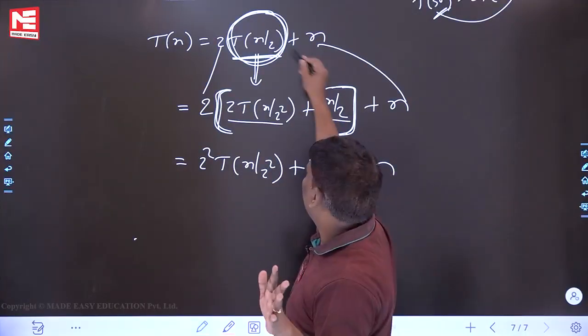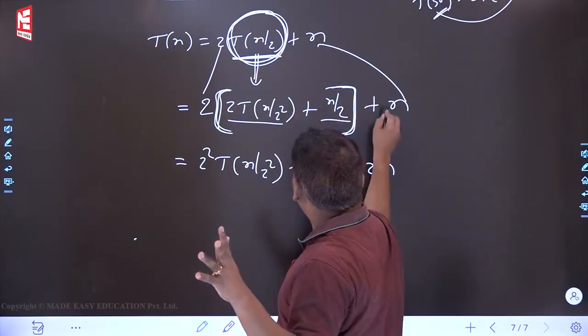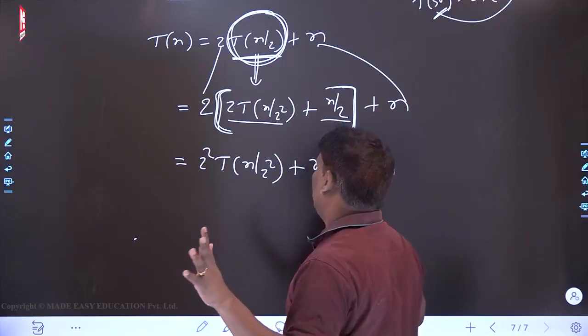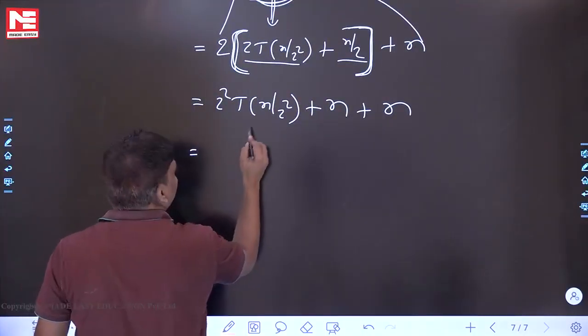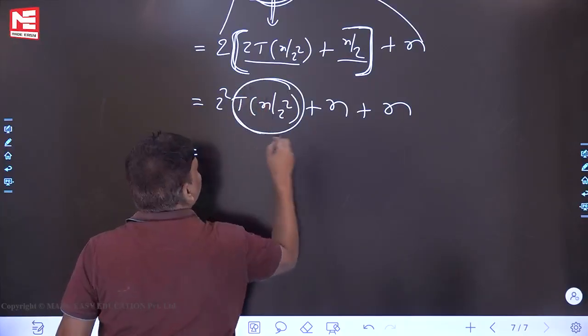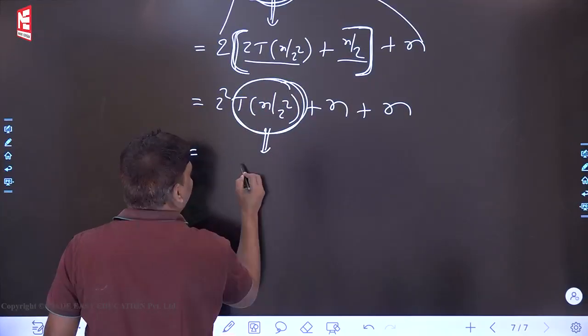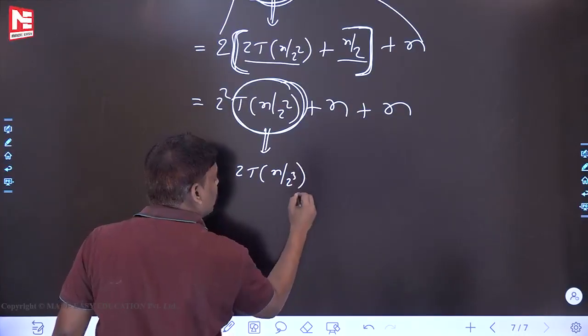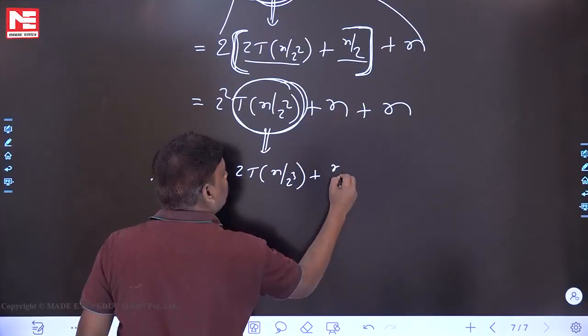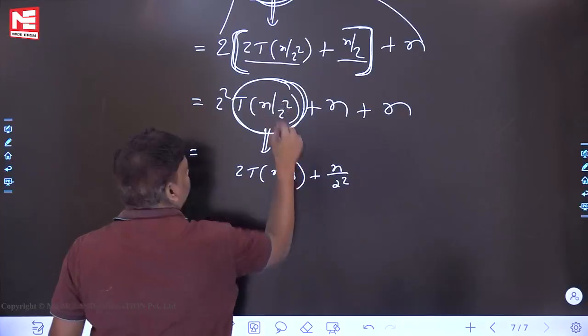See this one. First step, second step I did. After simplification, I got this. Now let me do the third step. Please be careful. This one I have to expand. If you expand this, what is the answer? 2T(n by 2 square by 2), 2 cube, plus what is the answer? n by 2 square. Whatever is there, same.